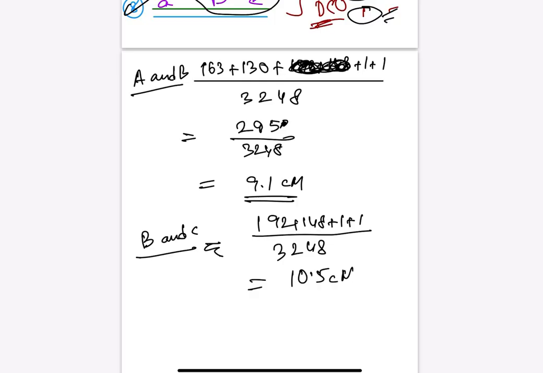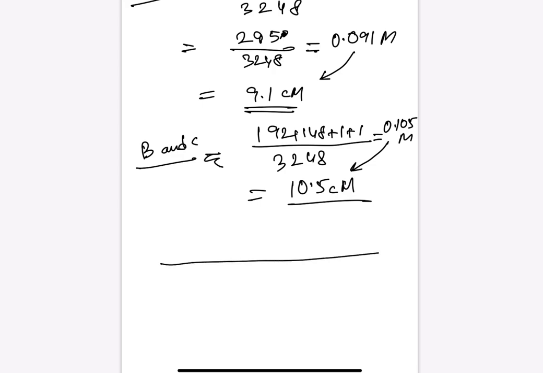This centimorgan is a unit. Actually the value is 0.091. Since Morgan discovered it, it is Morgan, and you multiply that with 100, it becomes centimorgan. Similarly, this one also, the actual value is 0.105. Morgan is the hypothetical unit, and you multiply with 100 to get centimorgan. So now you can actually map the distance.